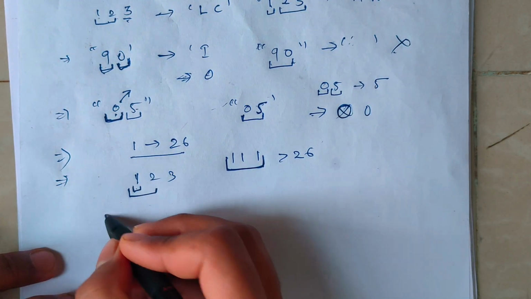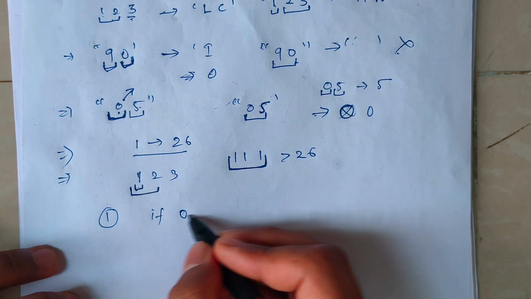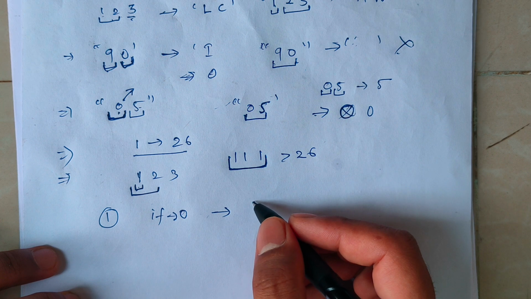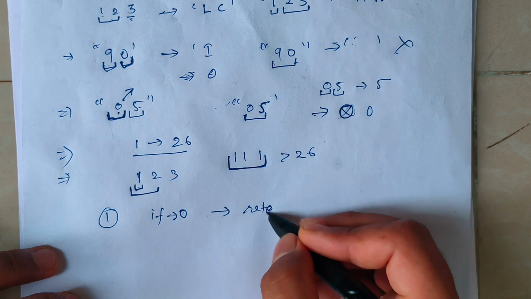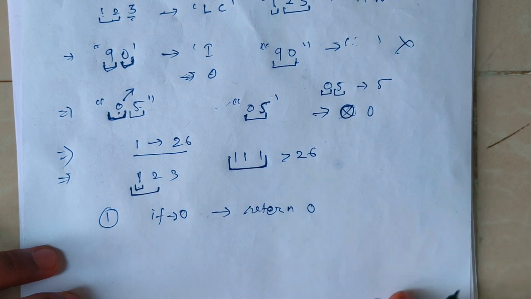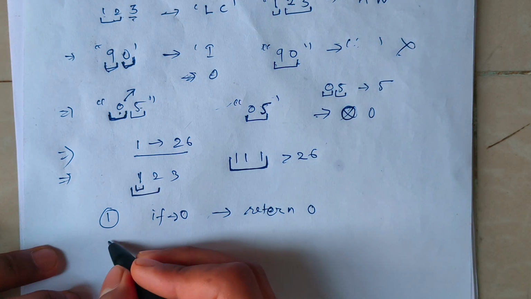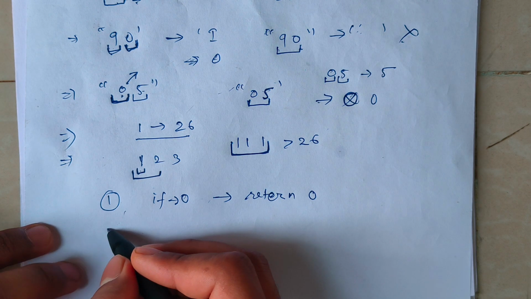So the first case is if it is 0. If it is 0, then we will not explore the path and we straight away return 0, meaning there would be no way to decode the string.